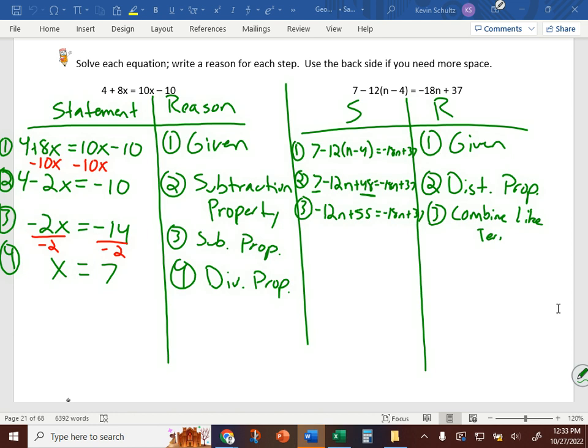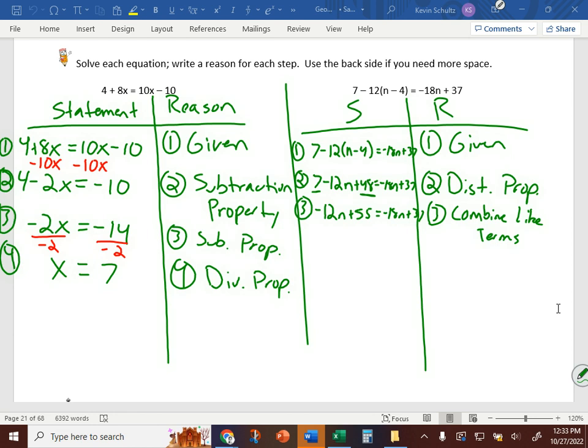And so sometimes your reasoning can just be what you did to get there, right? What did we do? We combined like terms. There is no combining like terms property. There is no special definition for it. It's just what did you do? Damien, sit flat, please. You combined like terms. So we have properties, we've got definitions, we have theorems, postulates, or just what did I do? Okay? But you have to have a reason for it.